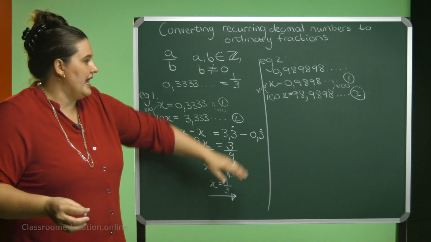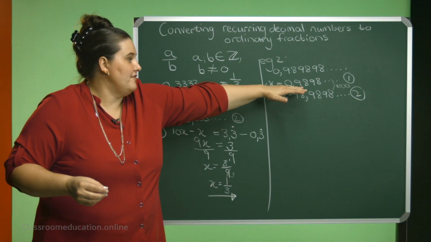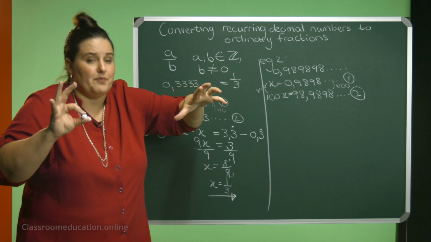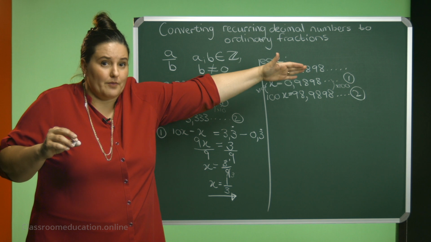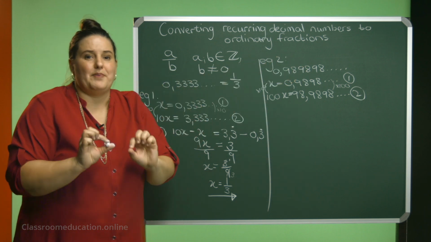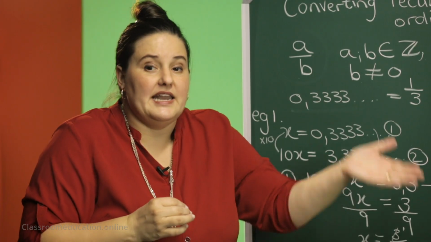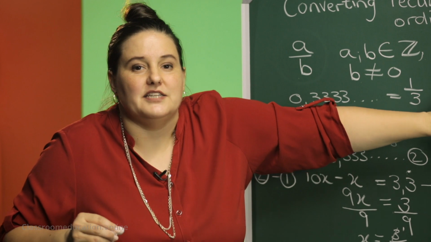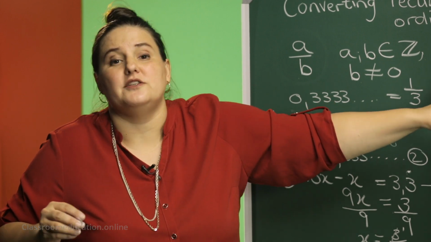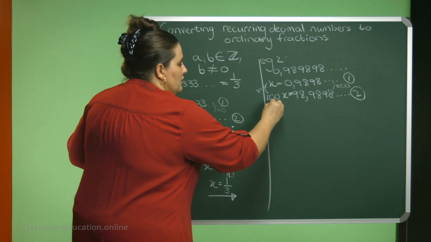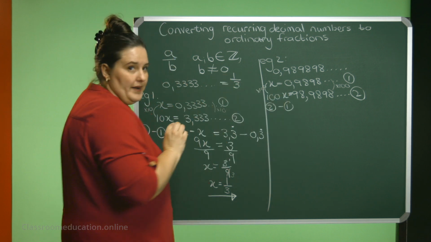And once you have an equation that has only the recurring part on the right-hand side of the comma, and you have another equation that has one recurring pattern on the left-hand side, then you can get the difference between these two. We are going to subtract them. So I'm going to say equation 2 minus equation 1.